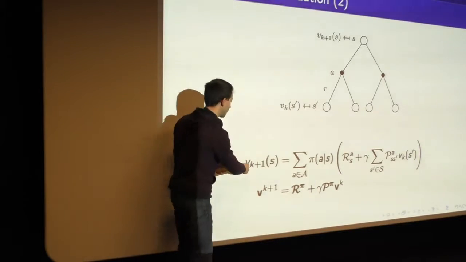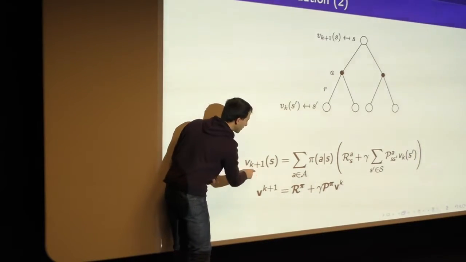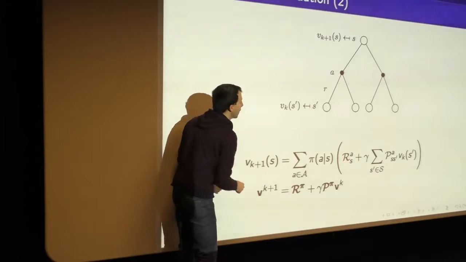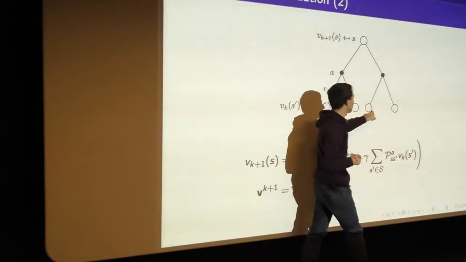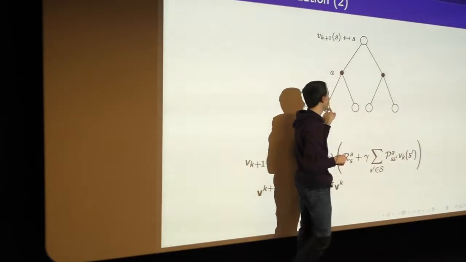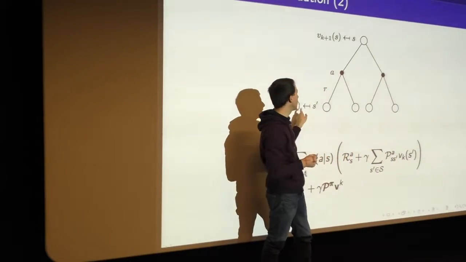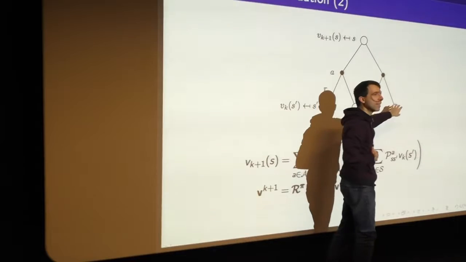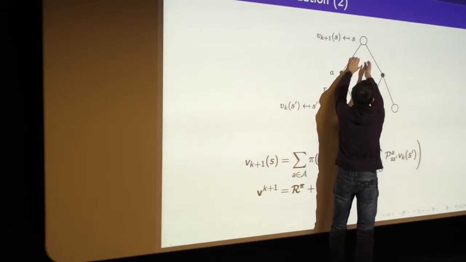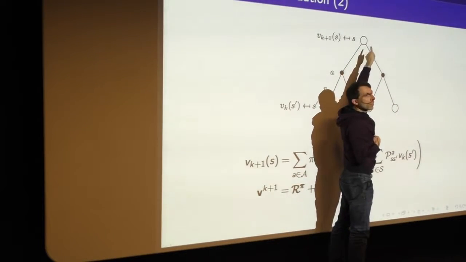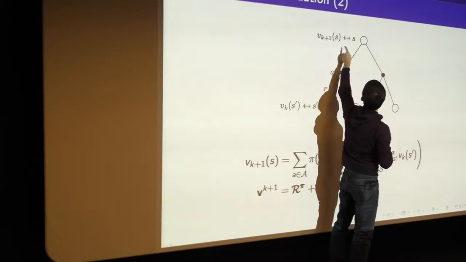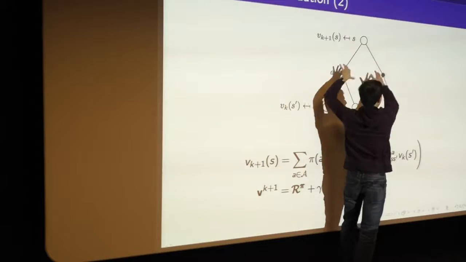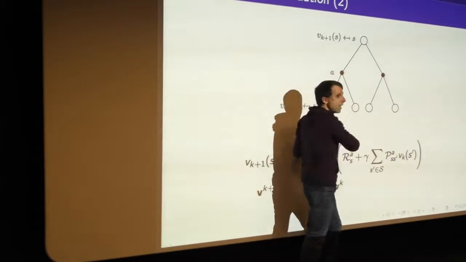In other words, we define the value function at the next iteration by plugging in the previous iteration's values at the leaves. We take our value function from the last iteration, vk, plug in those values at the leaves, and back them up to compute one single new value at the root. So we figure out vk plus 1 of s by doing a one-step look ahead, looking up our values from our last value function.